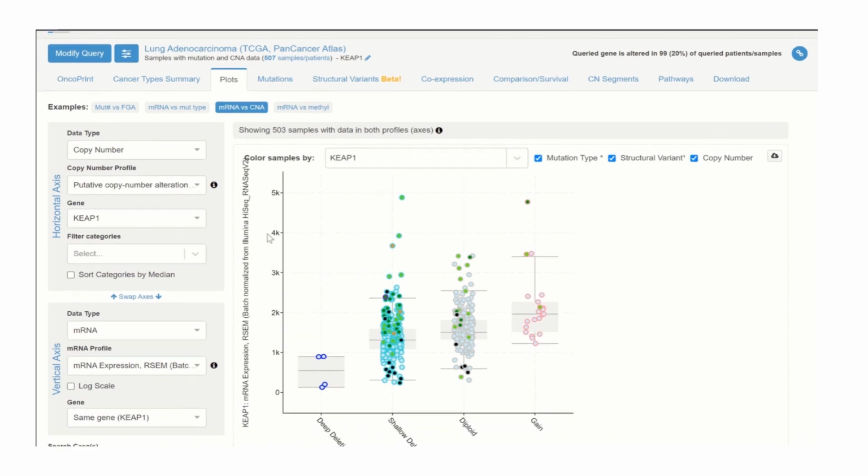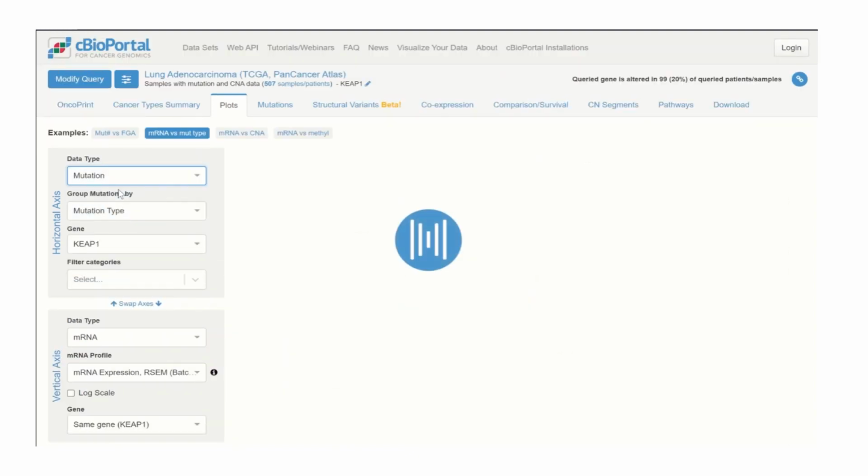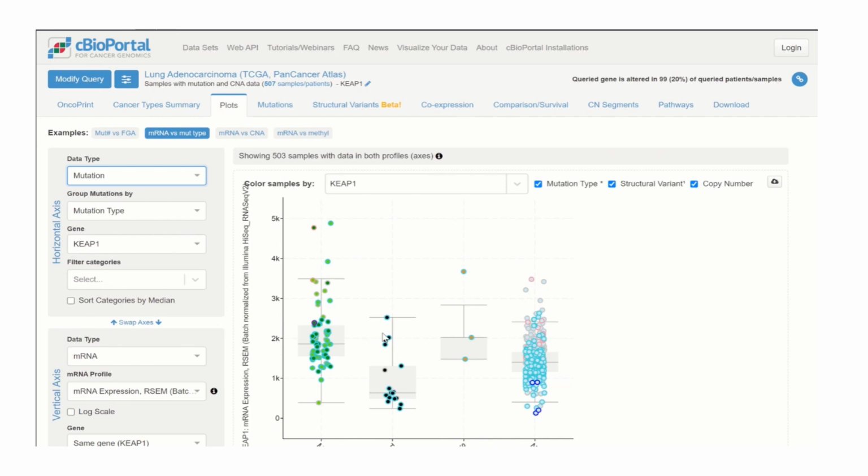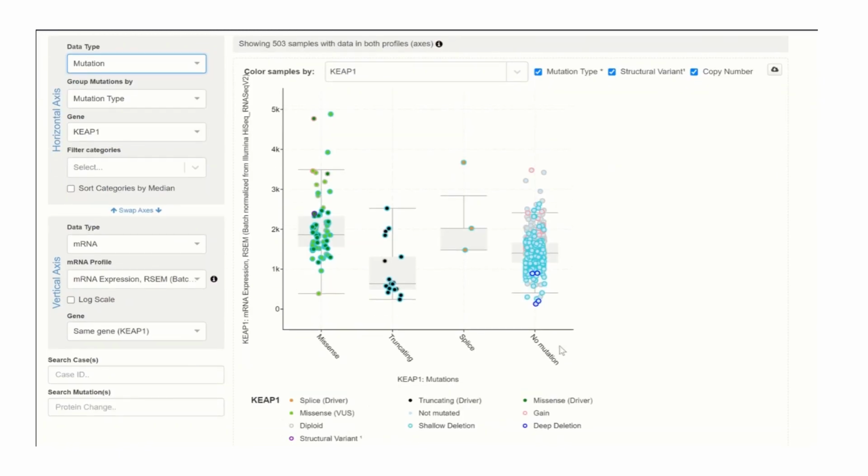Now there are several different things that we can look at. First thing that we can see, for example, is looking at mRNA expression levels depending on mutation type. So down here you've got mRNA expression, that's already selected, but up here we can change this to mutation, and then this will show us the different types of mutations here and mRNA expression here.